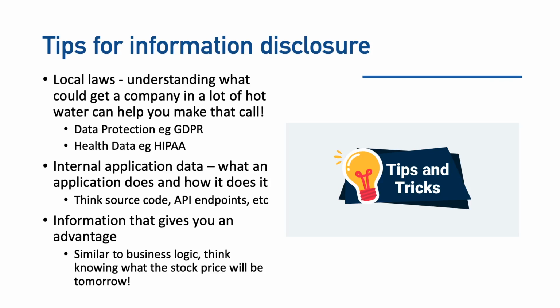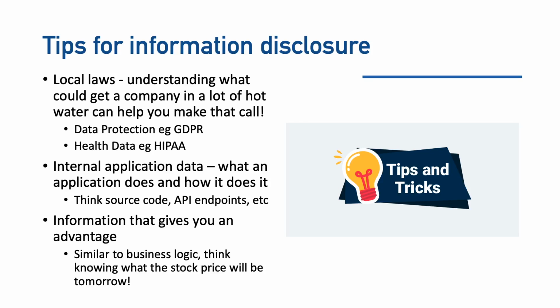The first thing to note is local laws. Understanding what could get a company in a lot of hot water will help you make the call. In the UK, we have GDPR, which I'm sure everyone's sick of hearing about. In the US, there's something called HIPAA, which protects health data in particular. And there's also more legislation coming into California that will protect people in California.